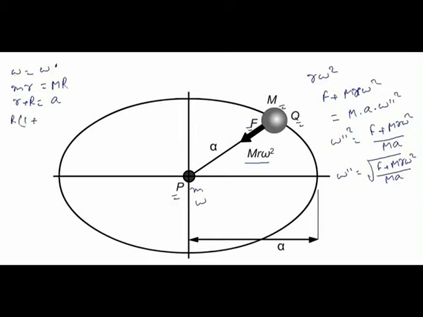So from here we got r into 1 plus m by M is equal to a, or r was equal to M a by m plus M, and capital R was equal to small m a by m plus M.